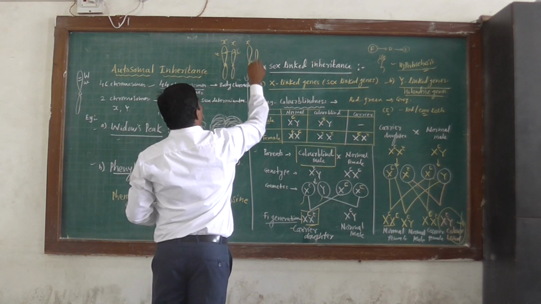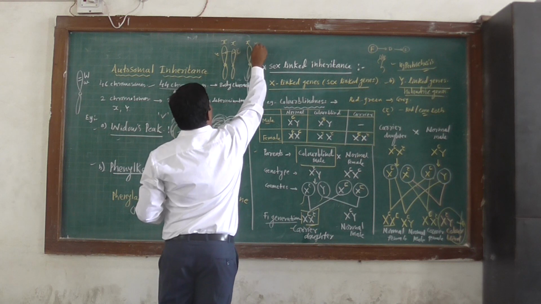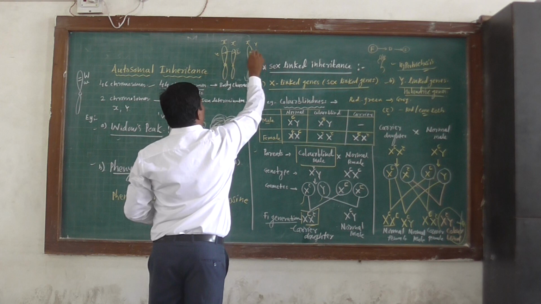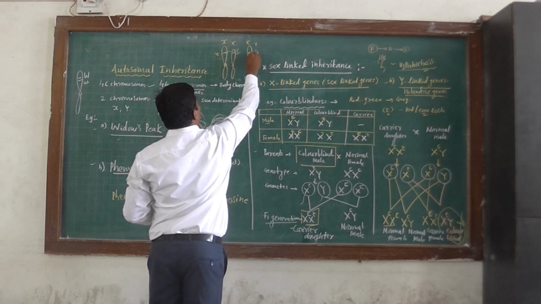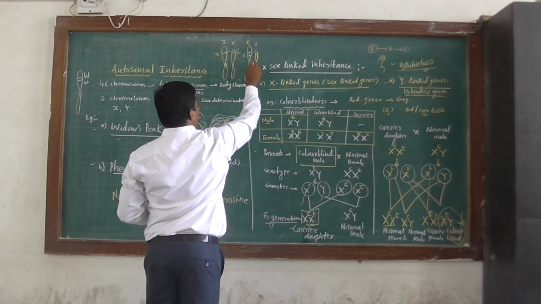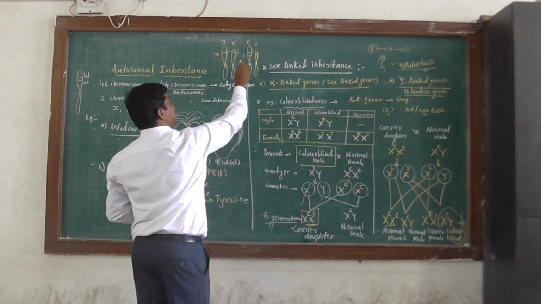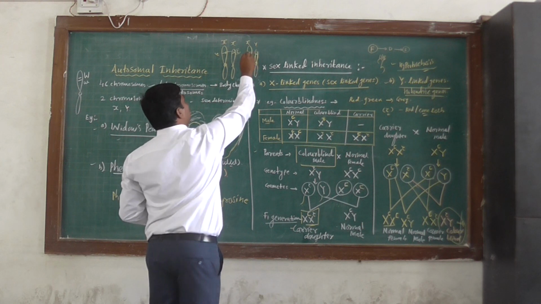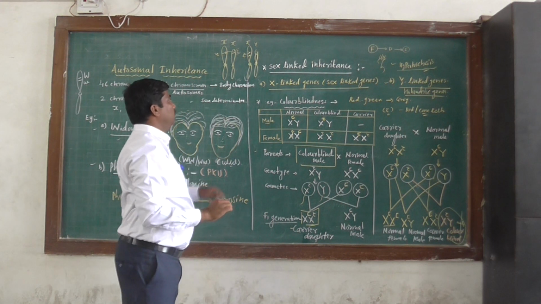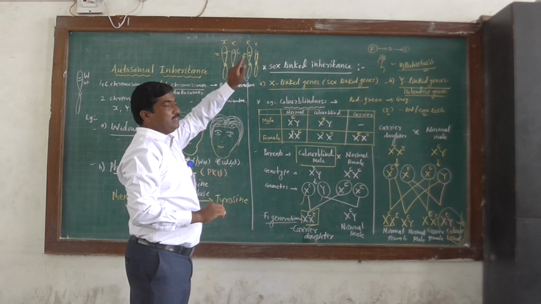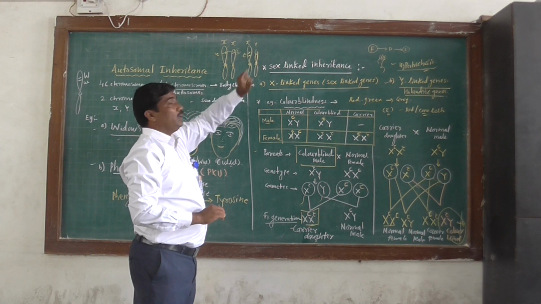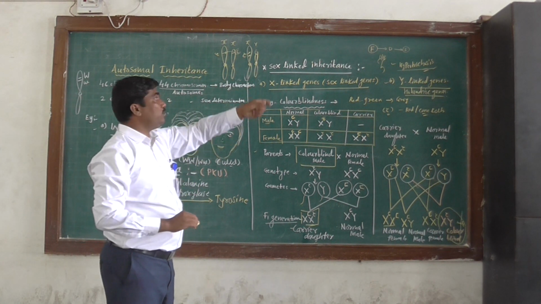A male individual has 2 chromosomes, X and Y, and the X-linked genes are present only on the X chromosome. In a male, only 1 X chromosome is present. Suppose recessive genes are present, then these recessive genes are directly expressed in a male because their dominant allele is absent on the Y chromosome.